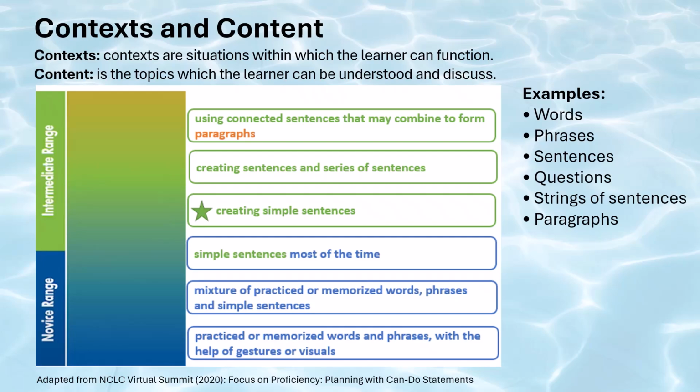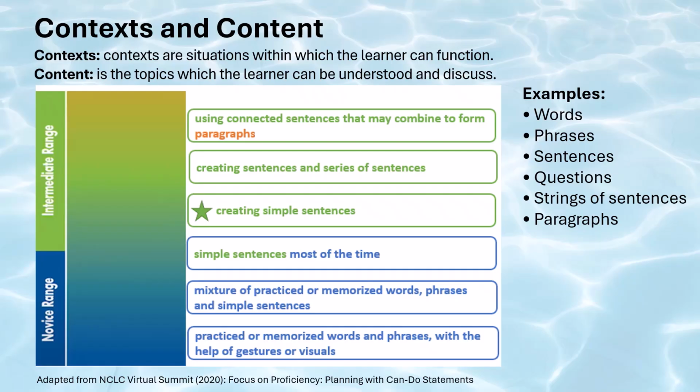And here we can see with context and content that students are starting out at the bottom of the novice range using practiced or memorized words and phrases, right? They rely on ways that teachers make that input comprehensible, maybe gestures or visuals, repeating, rephrasing.